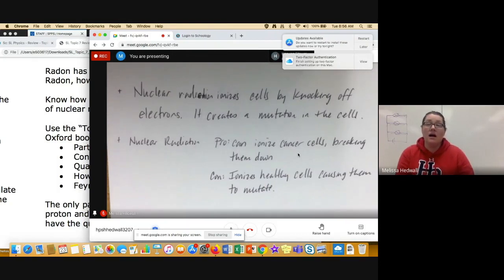On a con, if you have nuclear radiation and it's released in massive amounts, such as in a nuclear meltdown or in a nuclear bomb, that's when it starts going in kind of wide-scale nuclear radiation. You're going to have a lot of repercussions of that in the way that people's bodies respond. And so those are some of the pieces we're looking for in that. Any questions about that?